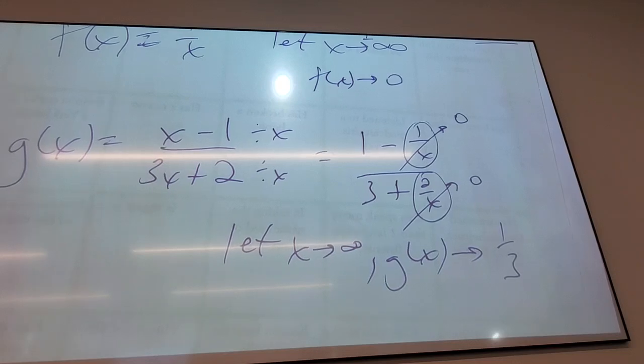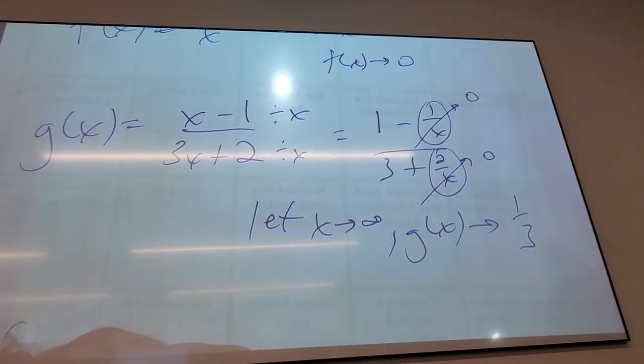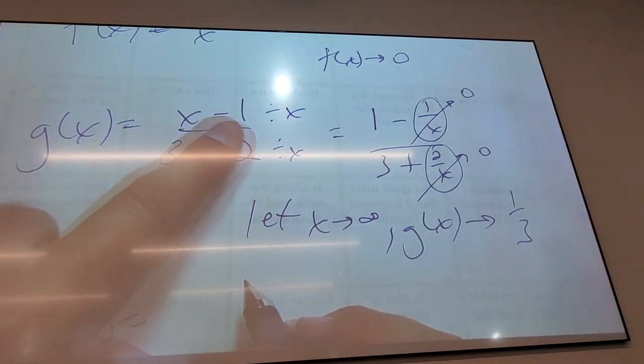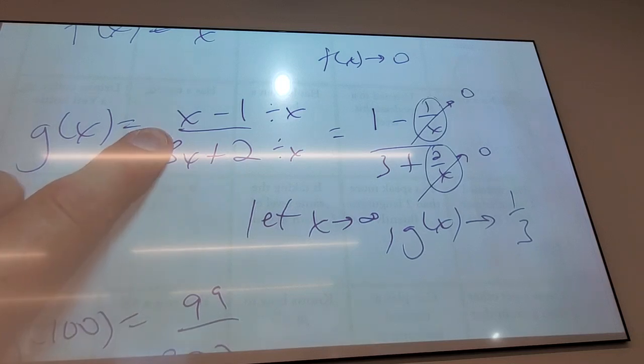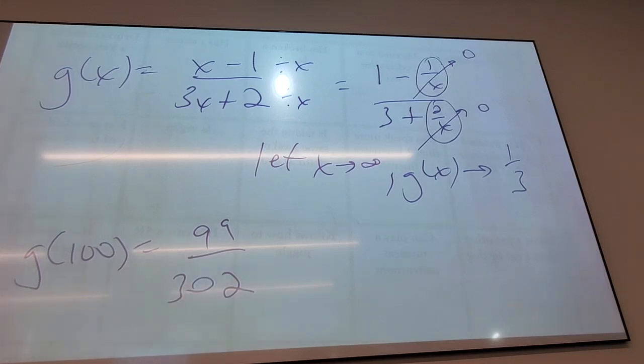Let's try it. What do I get if I plug 100 in? I'll get 100 minus 1 is 99, divided by 300 plus 2 is 302. What's 99 divided by 302?